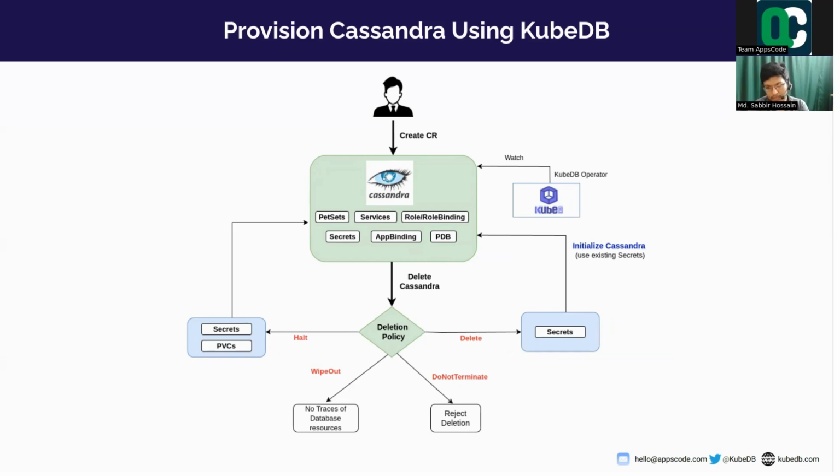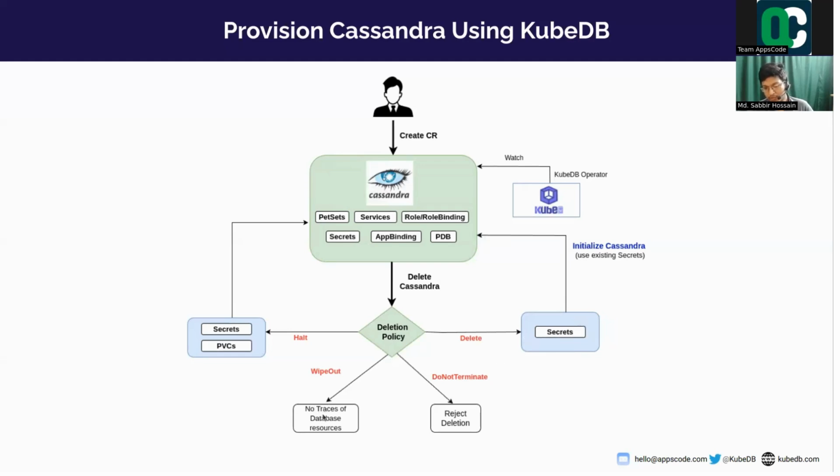While we try to delete Cassandra, there are four options. First one is halt, which means when we apply it, secrets and PVCs are not deleted. Others get deleted. Another is delete. It deletes everything except secrets.